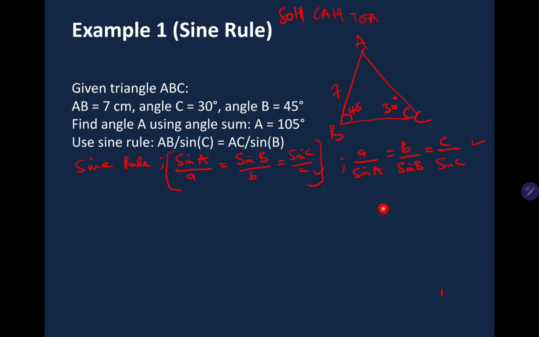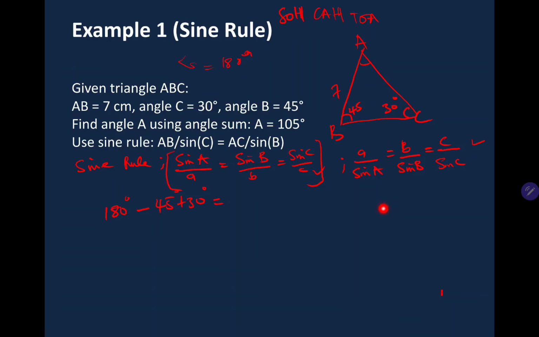All right, so we should also remember that the sum of angles of a triangle is equal to 180 degrees. So in this example, we have two angles, 45 and 30. To get the missing angle A, we can say 180 degrees minus (45 plus 30) degrees.